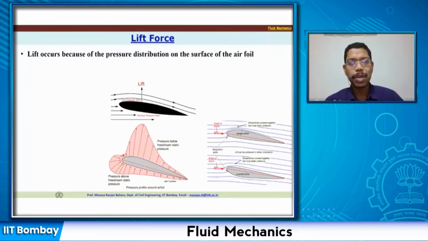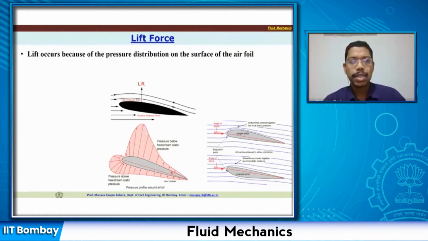Okay, so typically the pressure distribution diagram is given here. You can see how the pressure varies on the top of this airfoil as well as at the bottom of the airfoil, and from this you can clearly calculate the net pressure that is acting in the upward direction, okay, or in the transverse direction to the flow.